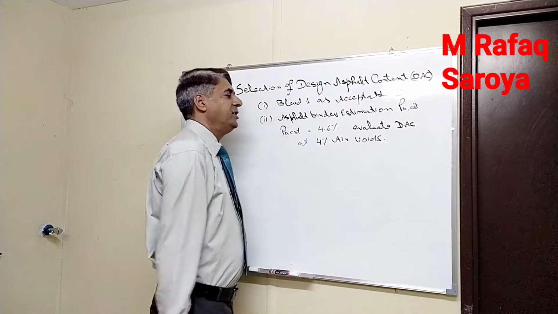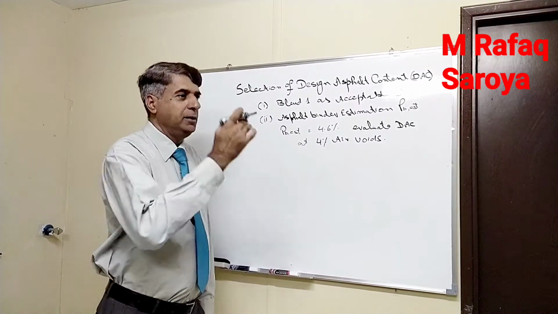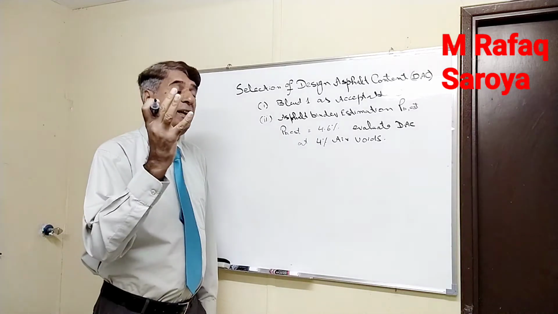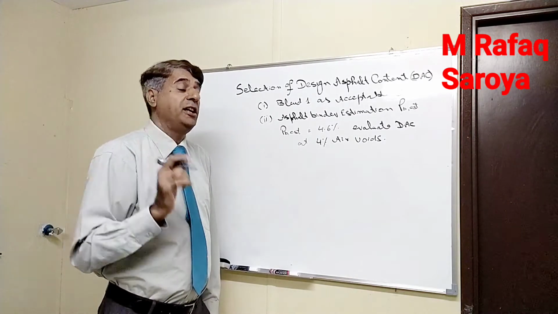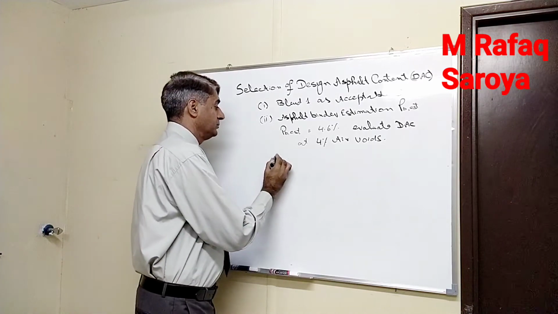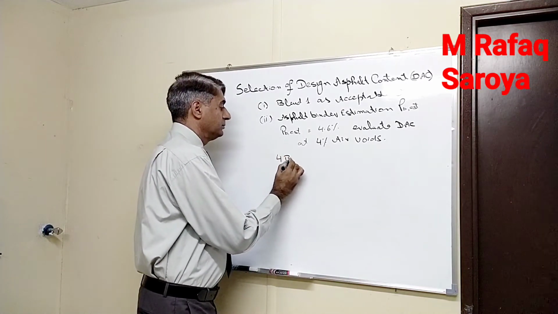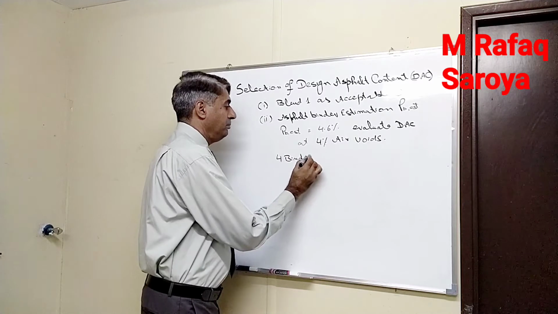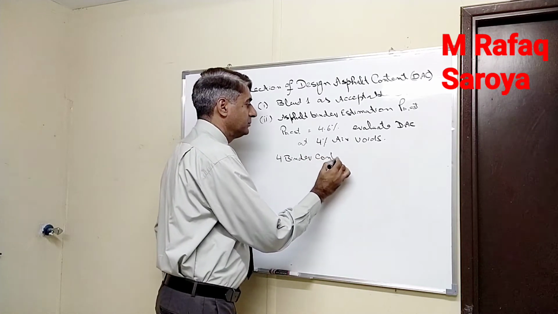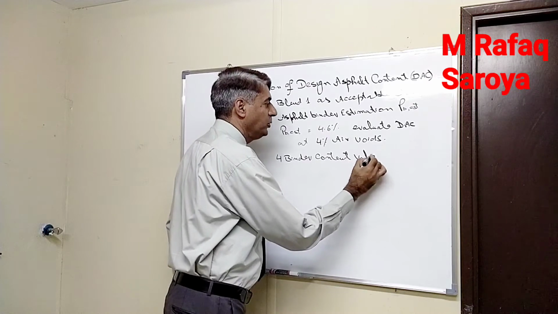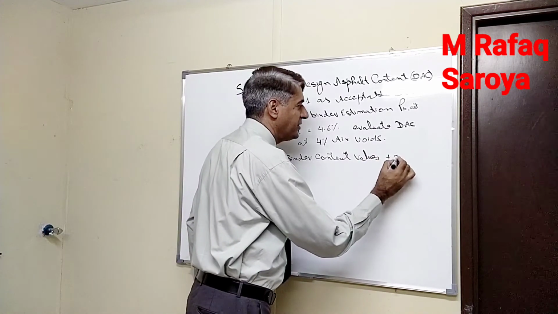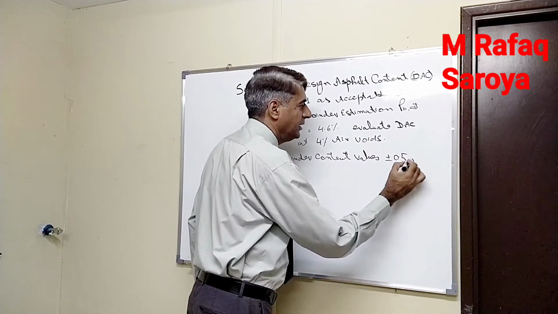Now the question arises, how will we do this? The question is very simple. We will have to take 4 binder content values. Which are those 4 values? Plus or minus 0.5 and 1%.